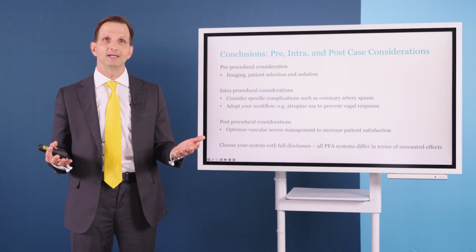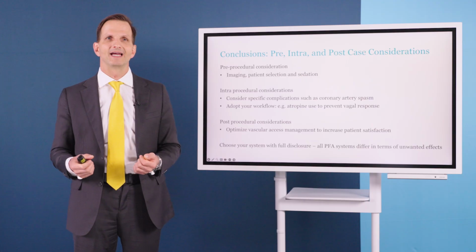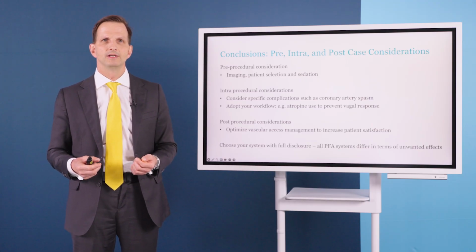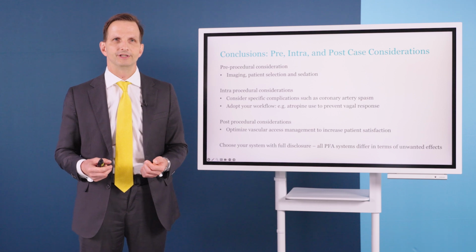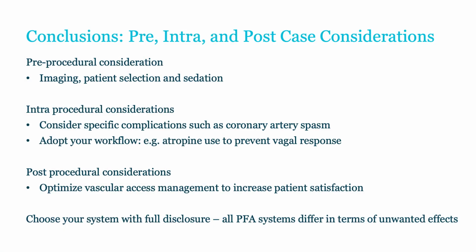Dear ladies and gentlemen, I would like to come to my conclusions. Pre-, intra-, and post-procedural considerations. The pre-procedural considerations are predominantly concerning the imaging, the patient selection, and the sedation. I think the sedation is highly dependent on the catheter that you do use.